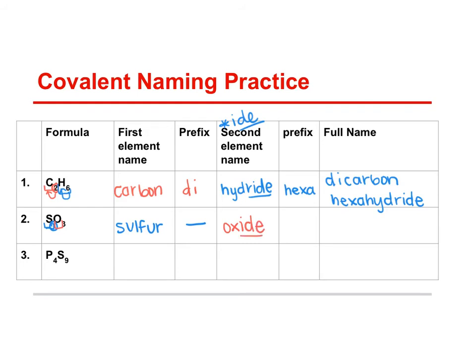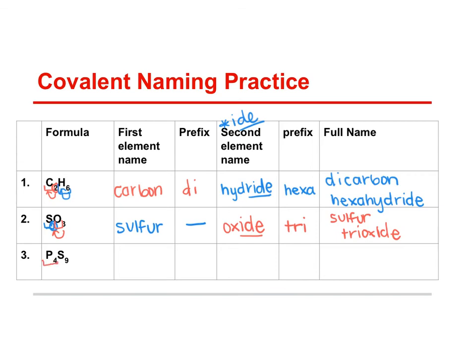My "ide" ending here. And there are 3 of those, so I'm going to use the prefix tri. So when I put this together, sulfur has no prefix, so it's just sulfur. And then trioxide. Notice, you guys, no commas, no dashes. It's just one word, no spaces. Trioxide. Okay, let's try one more together before I let you guys try a few on your own.